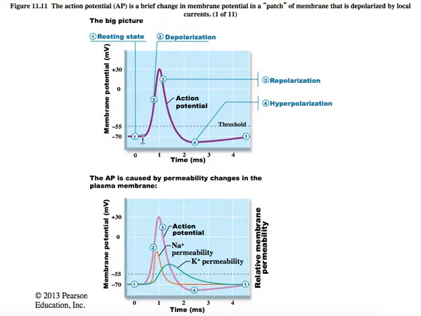So if our hypothetical cell's resting membrane potential was -70, threshold was -55. And in order for an action potential to occur, you have to get to -55. How do we get to -55? That signal comes from the local potential, from the graded potential that occurred way back in the dendrite or way back in the cell body.